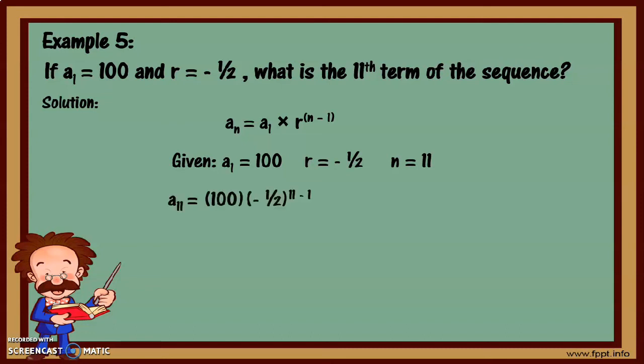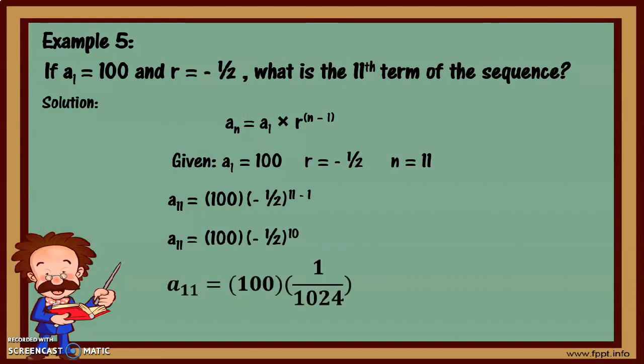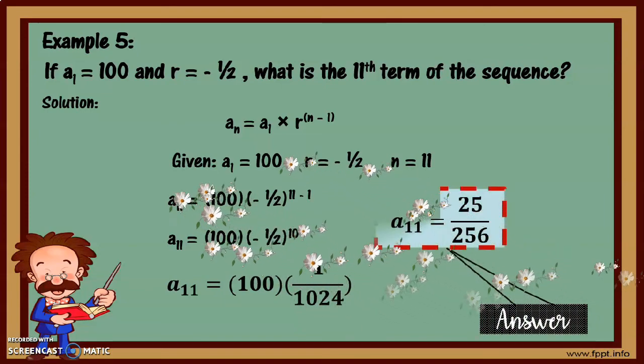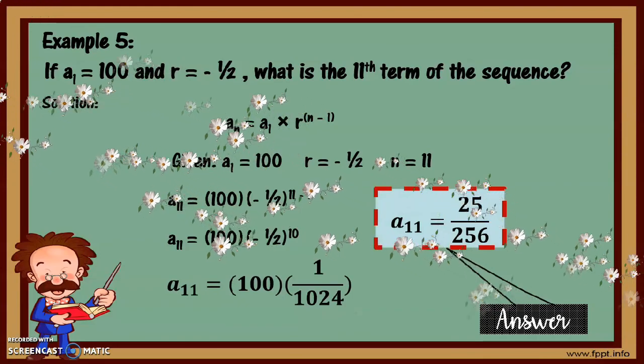So 100 times negative 1 half raised to 11 minus 1. Simplify. Negative 1 half raised to 10 times 100. So that is equal to 100 times 1 over 1024. And simplify gives us 25 over 256. So the 11th term is equal to 25 over 256.